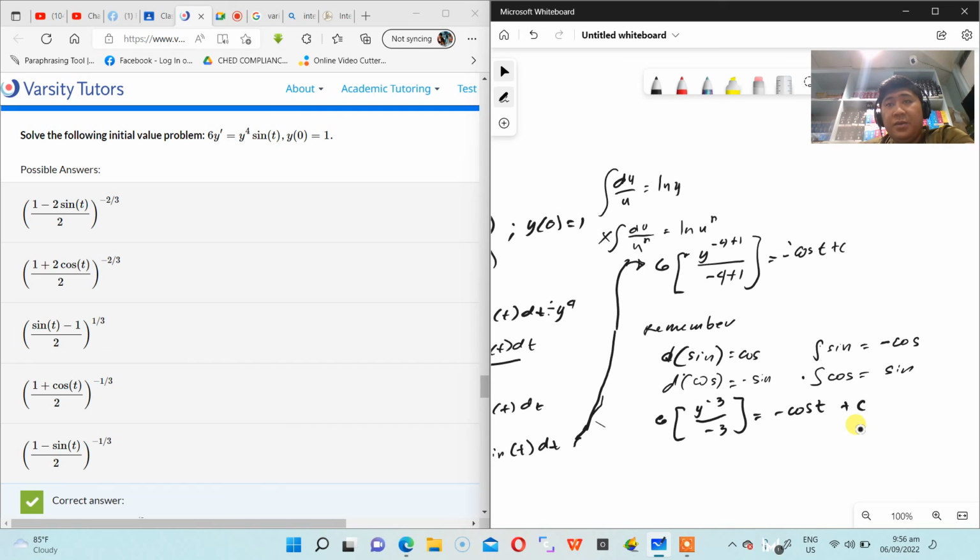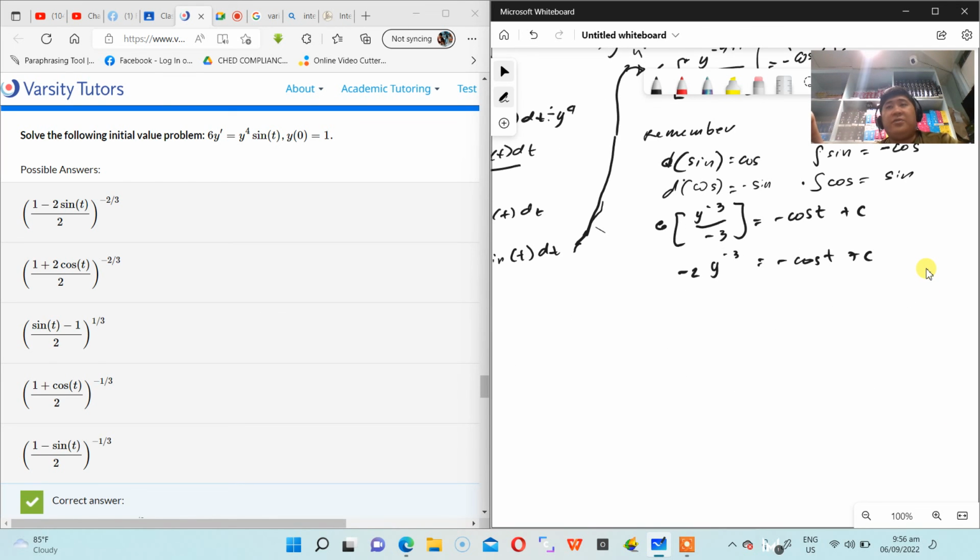Here, 6 divided by 3, that is negative 2 y raised to the power of 3 equals negative cosine t plus c. From here, you could have plenty of other solutions, infinitely many.